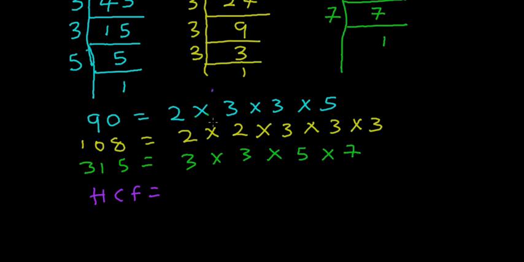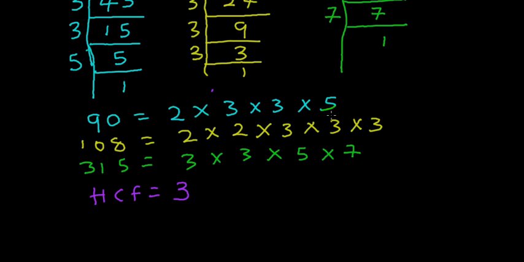Okay, so if you look at it closely, in the prime factorization we have 3 in 108, we have 3 in 315. Okay, so the highest common factor for these numbers is 3.